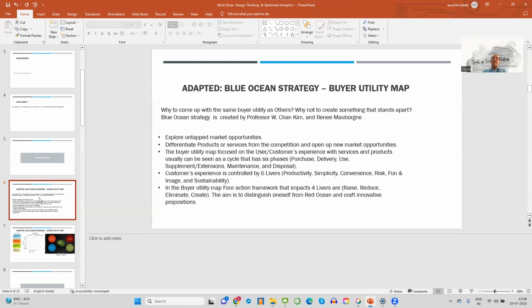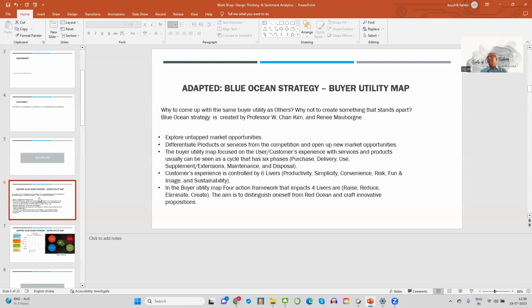It is to enhance the customer experience based on the 6 levers we discussed just before: productivity, simplicity, convenience, risk, fun, and sustainability. How far these 6 levers can be controlled or modified by reducing any of the parameters or by eliminating any of the parameters.